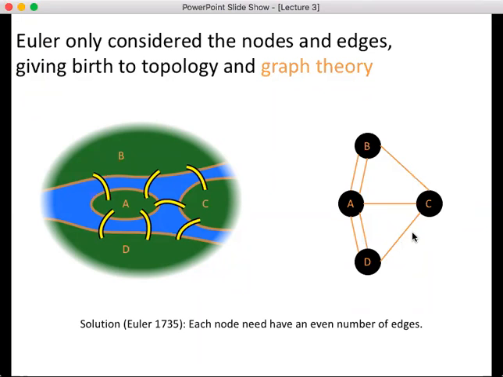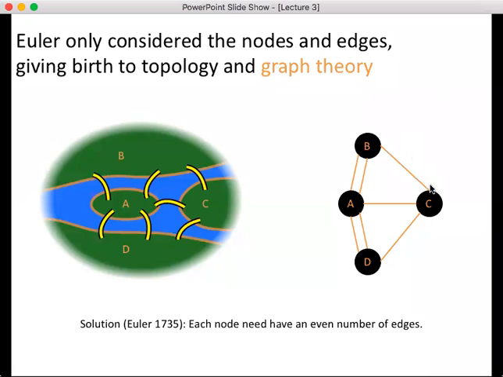And this is essentially what Euler did in 1735, and basically said that each node must have an even number of edges if this riddle can be solved. Of course, this is a necessary condition, it's not sufficient. But that's not the point.